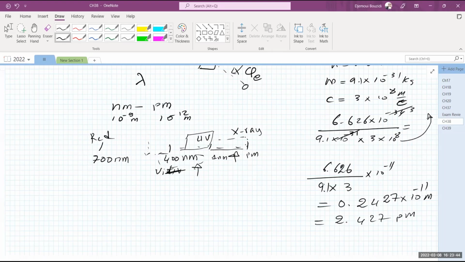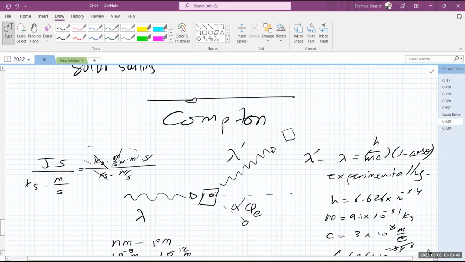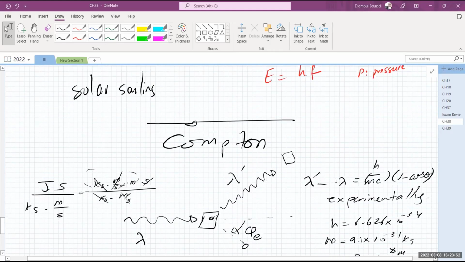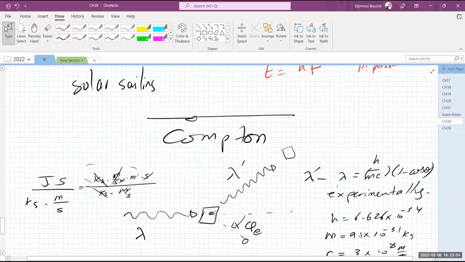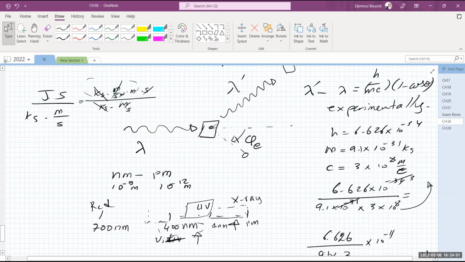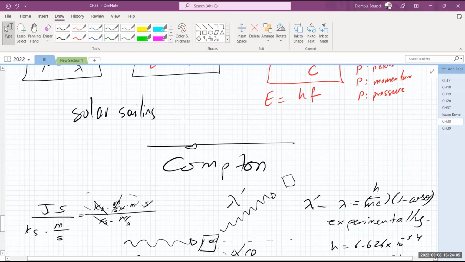Okay, this number is tiny, and for wavelength in that order, it's significant, because when lambda prime and lambda are of that order, the difference between them is significant. But when lambda is in a range of, for example, 100 nanometers, the difference between these two numbers is tiny.